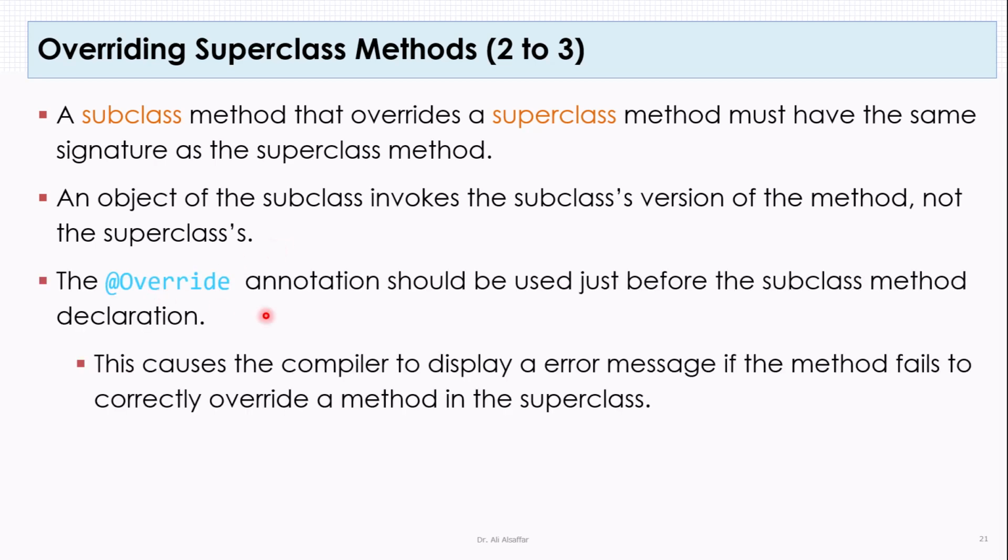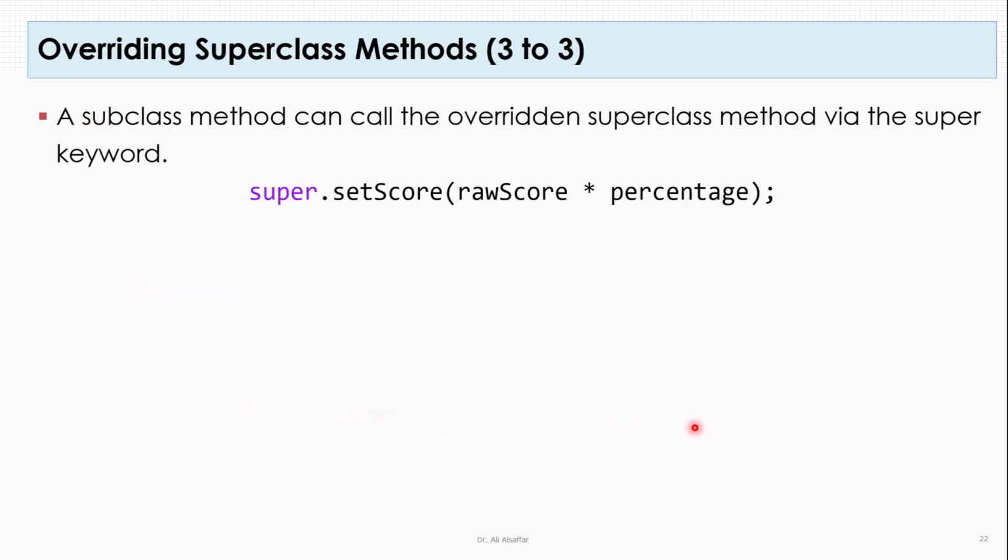As we mentioned, the @Override annotation should be used just before the subclass method declaration. This causes the compiler to display an error message if the method fails to correctly override a method in the SuperClass. A subclass method can call the overridden SuperClass method using the keyword super. So here's how to call the SuperClass method. You write super followed by dot followed by the name of the SuperClass method.